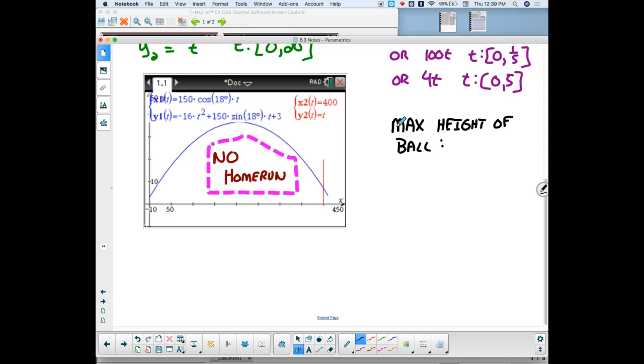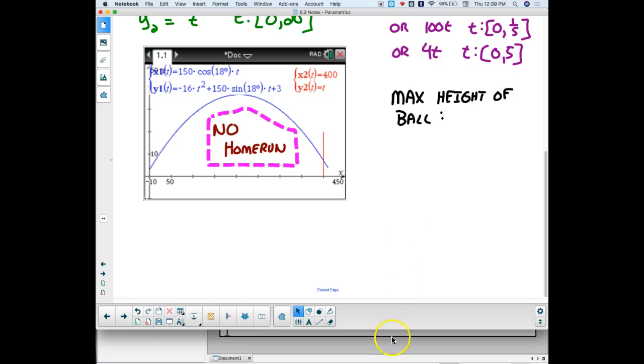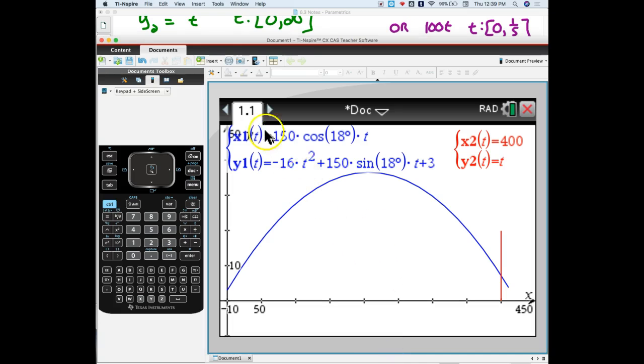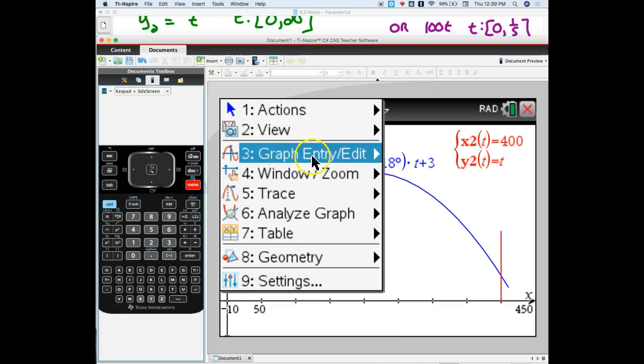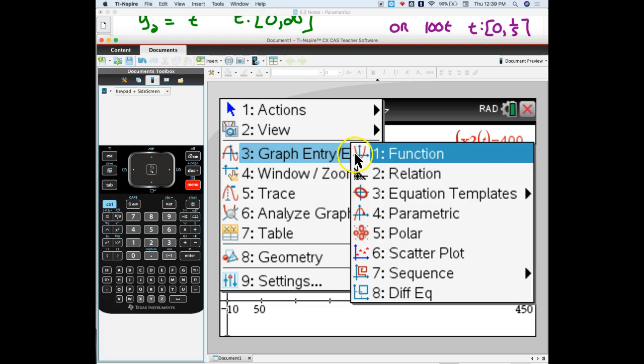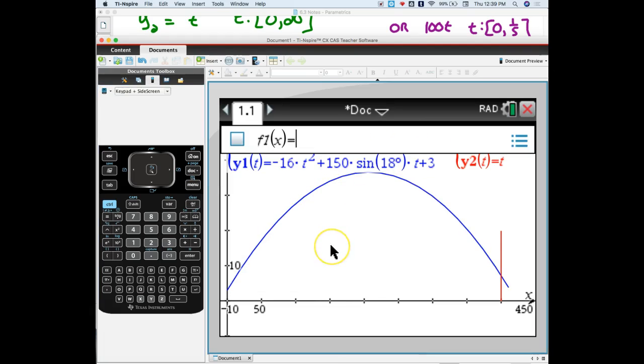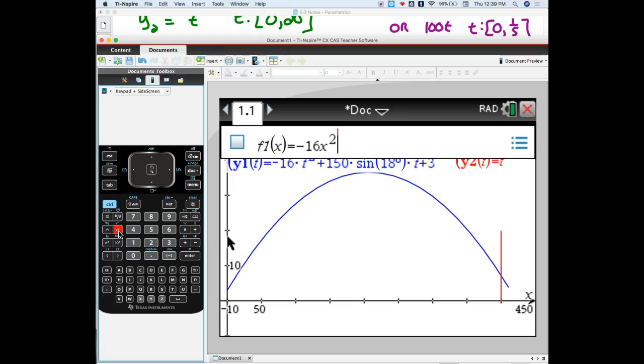One, I could do it graphically. So I can take this function, let me go back up here with it. I can go right on top of this function, go back into graphing a function, and I can graph the y component of the parametric equation.